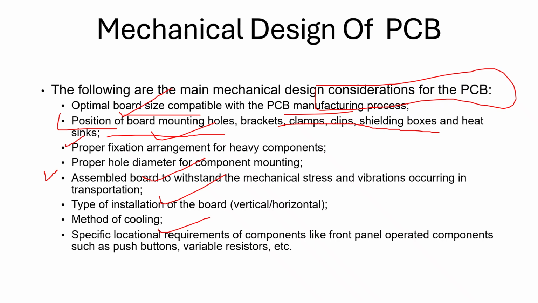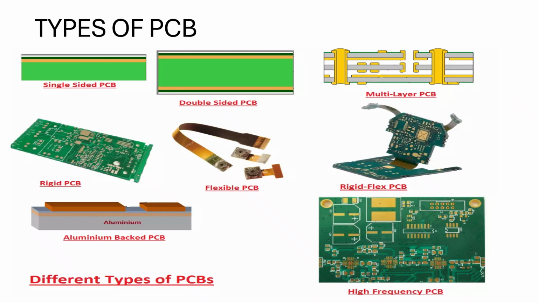So these come under the mechanical design of the PCB. So where will you fix the ground, where will you fix the components, and all these things, right? Then the types of boards, we have already gone through that: based on the layers, single, double, multi-layer, and based on the materials, maybe rigid, flexible, all these, right?